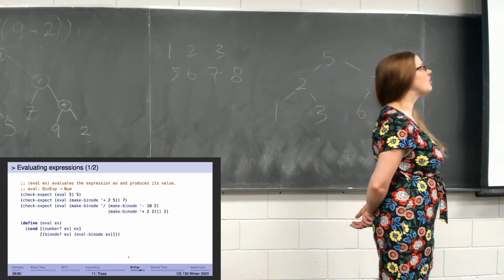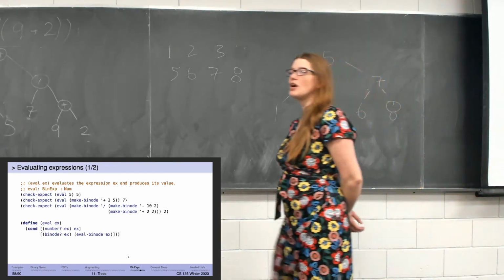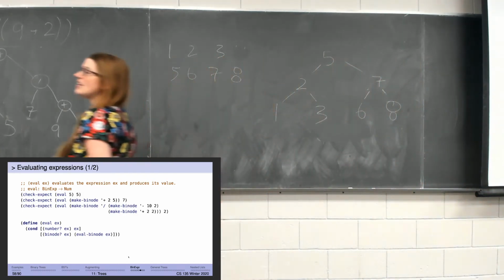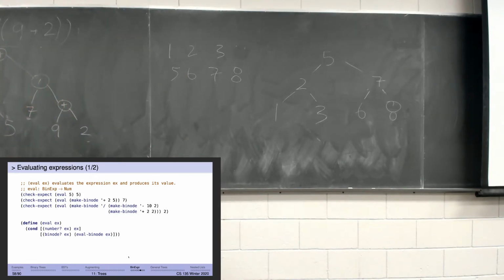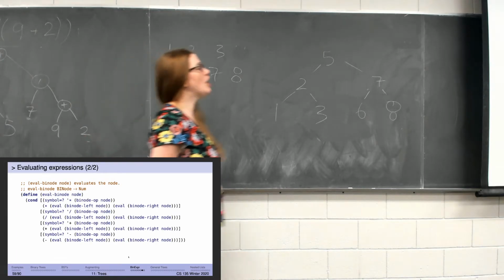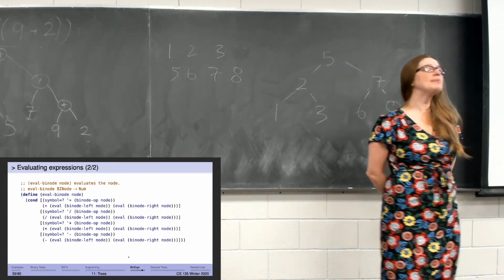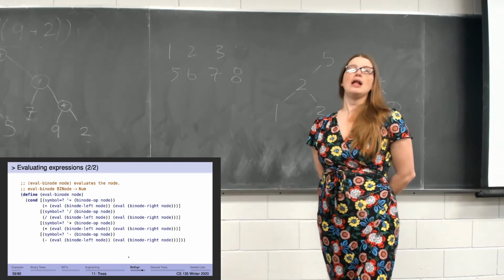Otherwise, we're going to call eval by node. So that is going to be our function that's going to evaluate something that is actually an internal node. So that function, what it's going to do is it's going to look at the symbol of the current binary node.